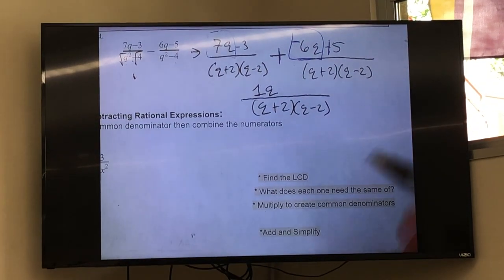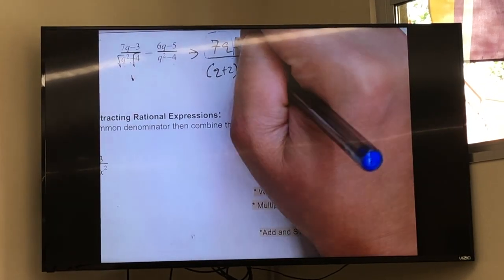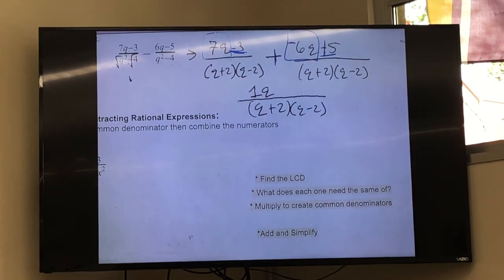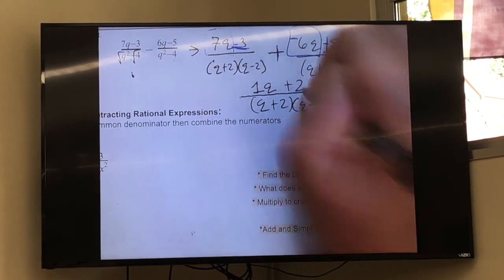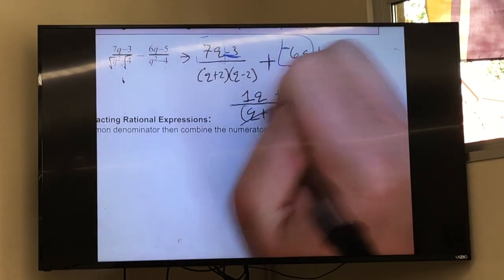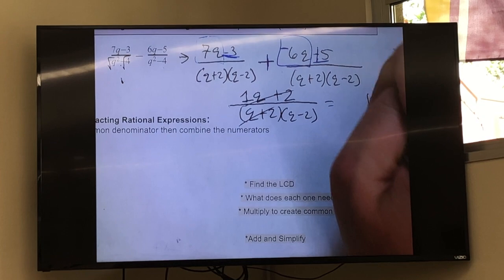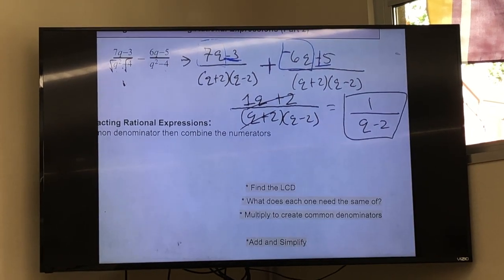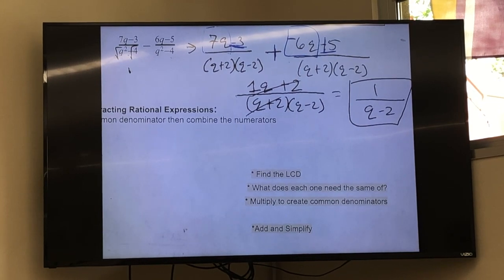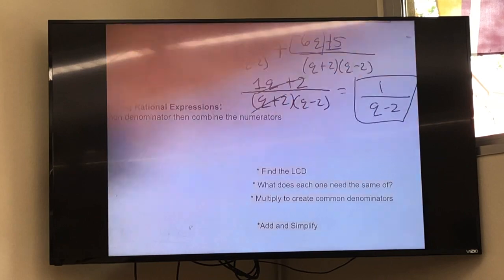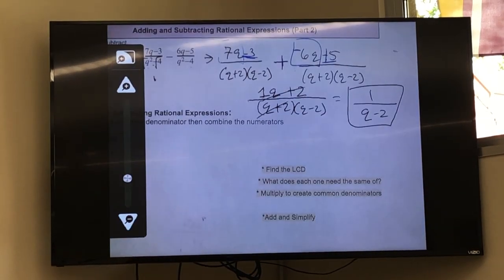And then we have negative 3 plus 5, which makes plus 2. You should see now that you have something that can cancel. So our final answer will be 1 over (q - 2). All right? So the new procedures are similar, but some of them are a little bit more adding on to that type of problem.